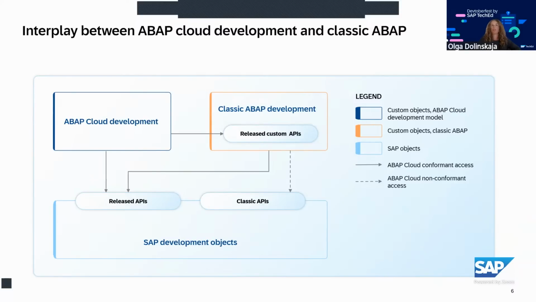And also, if you develop custom wrappers in classic ABAP development, then you can access the wrappers via so-called released custom APIs. If you develop your custom objects in classic ABAP, then you can access from your classic ABAP development objects only custom development objects inside their own software component, or also released SAP development objects which are provided by released APIs, and the SAP development objects which are provided by the classic APIs.